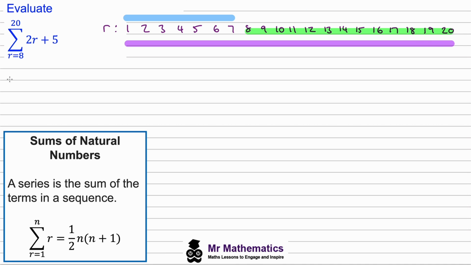So we can rewrite this as the sum between r equals 8 to 20 of 2r plus 5 being equal to the sum of r equals 1 to 20 of 2r plus 5 minus the sum of r equals 1 to 7 of 2r plus 5.